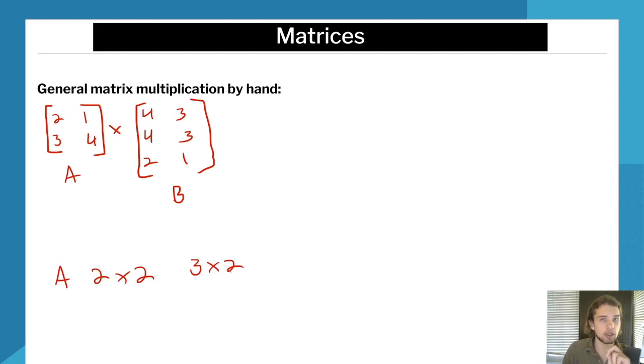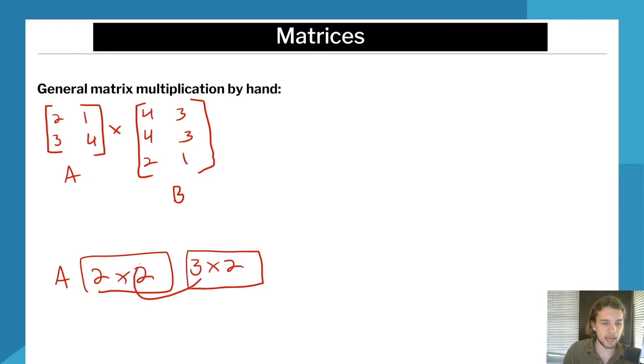If we want to see if we can multiply matrices, we put the first set of dimensions and then the second set of dimensions, which is part of the reason why order matters. If the columns of A are the same as the rows of B, we can multiply these matrices.